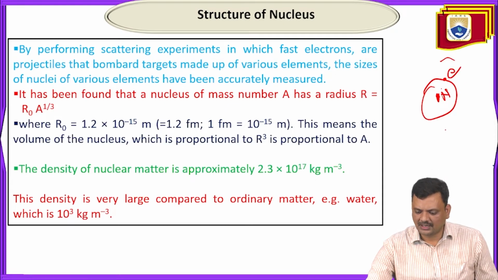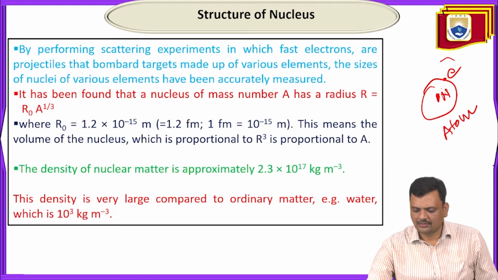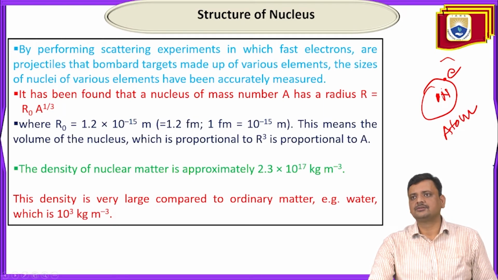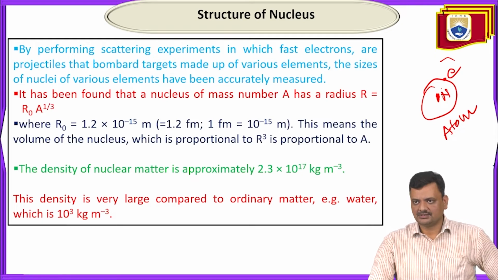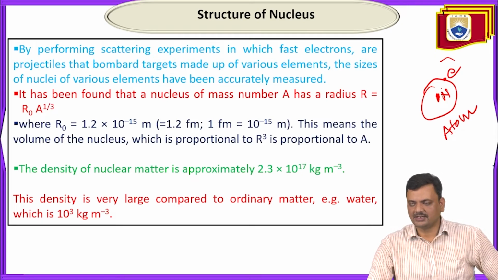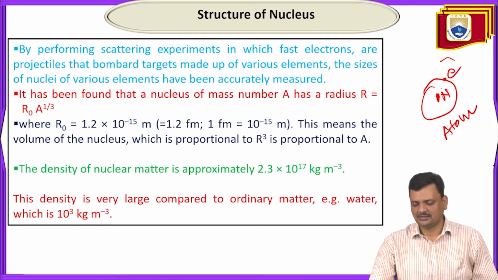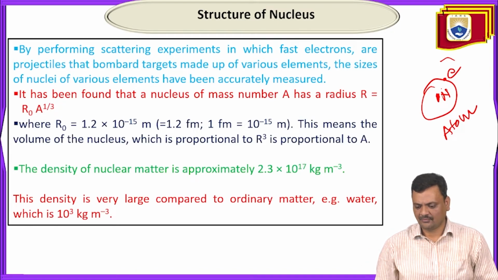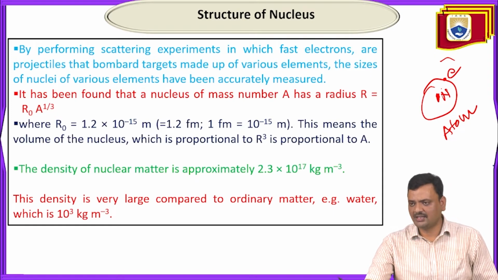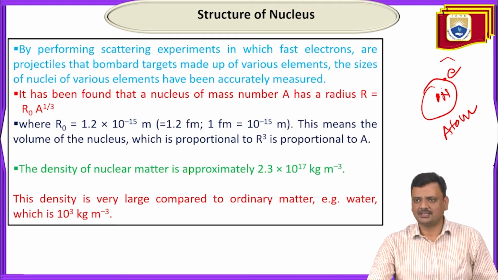This whole thing is collectively called an atom, where at the center the nucleus is situated, and around the nucleus the electron is surrounded as a negatively charged cloud.